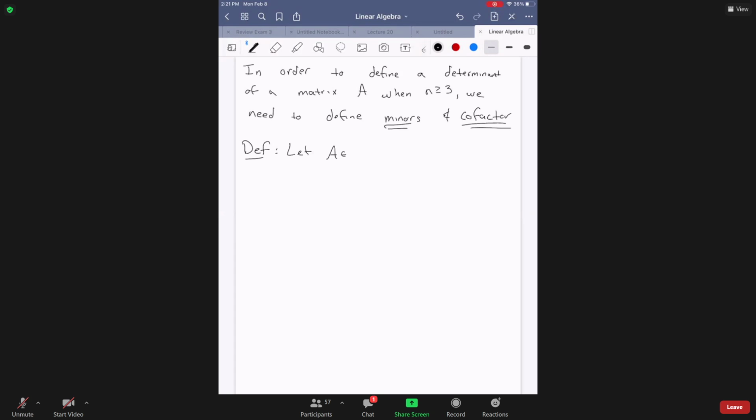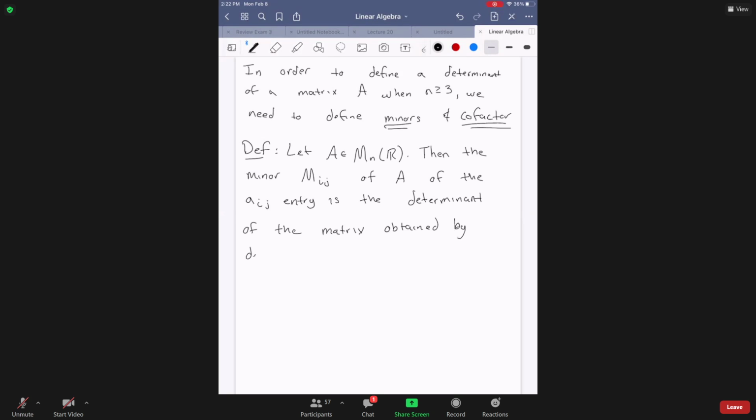Let A be a square n by n matrix. Then the minor, denoted as Mij of A, of the Aij entry, is the determinant of the matrix obtained by deleting the ith row and jth column.